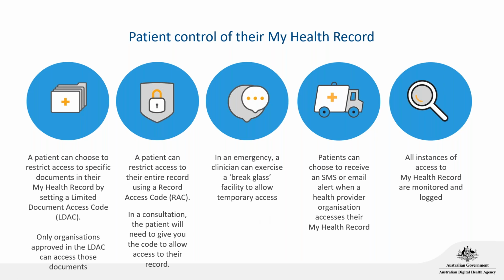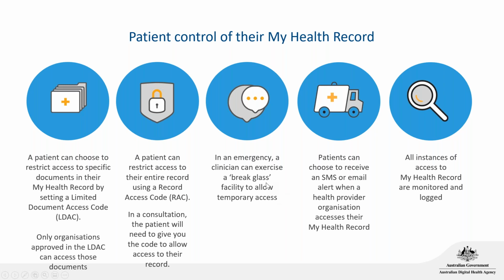But for the majority of patients out there, I think at this point 9 in 10 Australians have a My Health Record, which is more than 20 million people. The number of people who have restrictions on their record is in the thousands. So it's not a lot of people that have placed those restrictions, but they're there for people who want to use them. They can also set notifications, SMSs or emails, if they want to be notified when someone new has accessed their record.